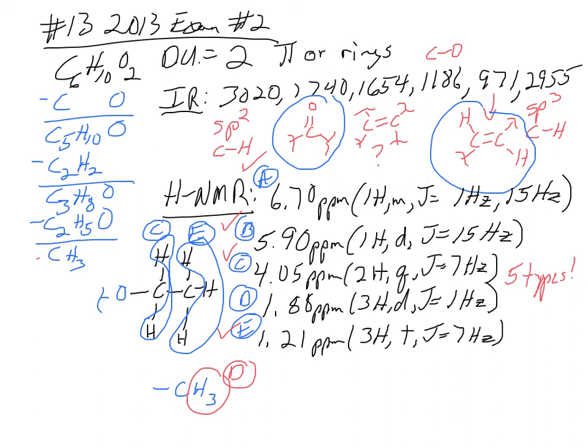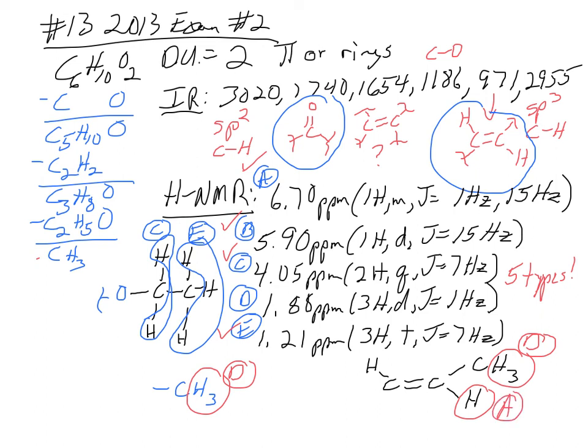So if I have H, where is the C double bond O, the carbonyl? I know this CH3, which I'm calling D, D is talking to who according to coupling constants? D is talking to A. So that means this proton must be, I don't know, we call this one A. Doesn't matter.